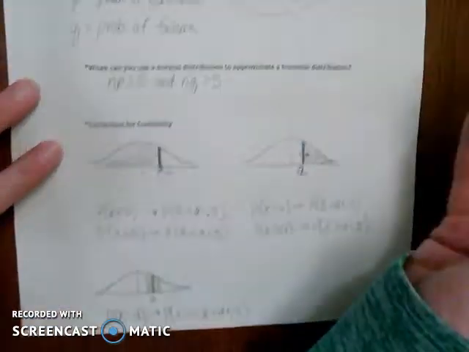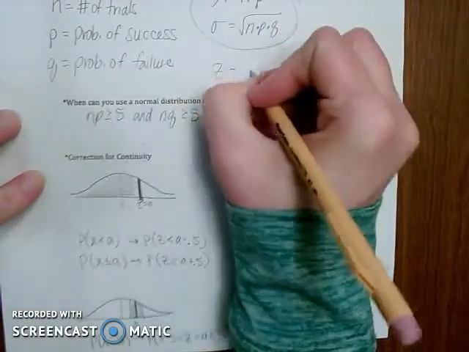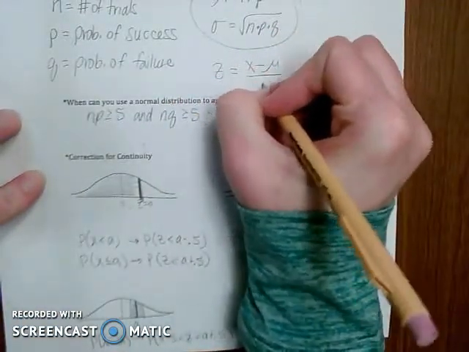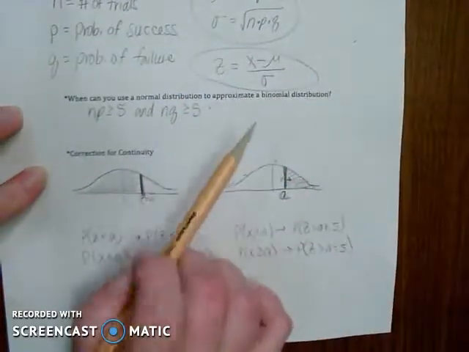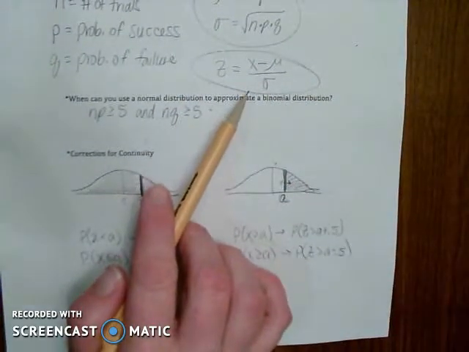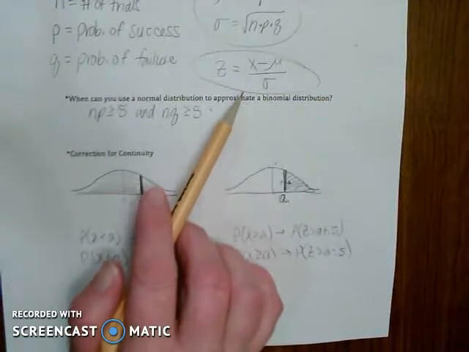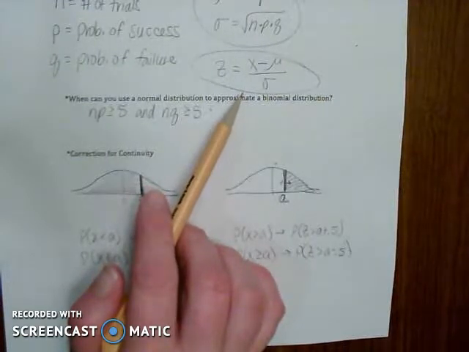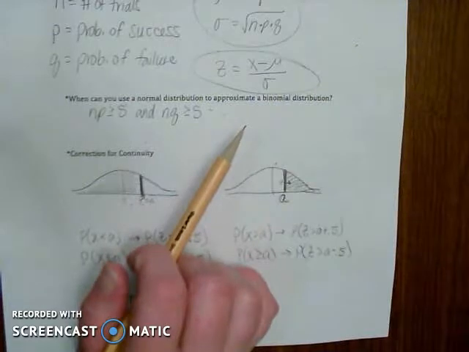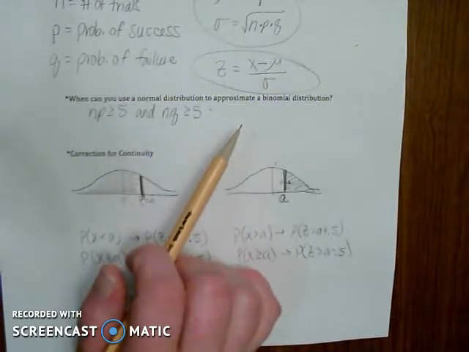One last thing, go ahead up here. This one usually throws people off, but you're going to use this z-score. The reason it throws people off is because from 6.3, we had a sample size, so we had to do the square root of n in the denominator. This one, you're going to have a sample size also because you're going to have your number of trials.